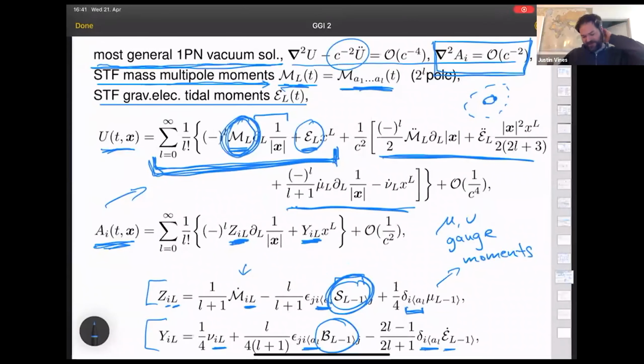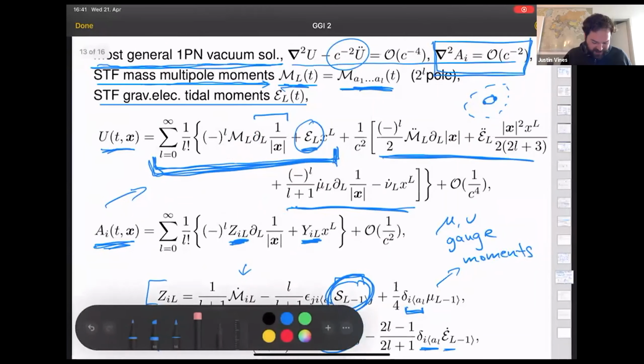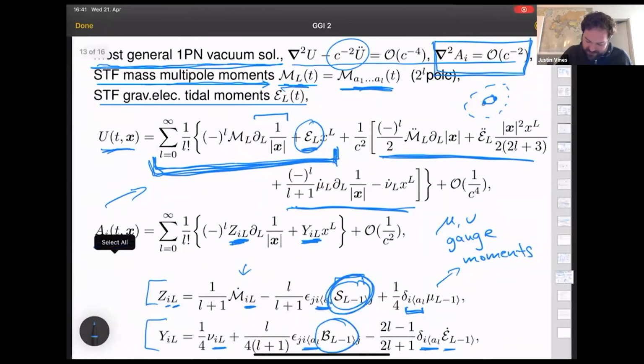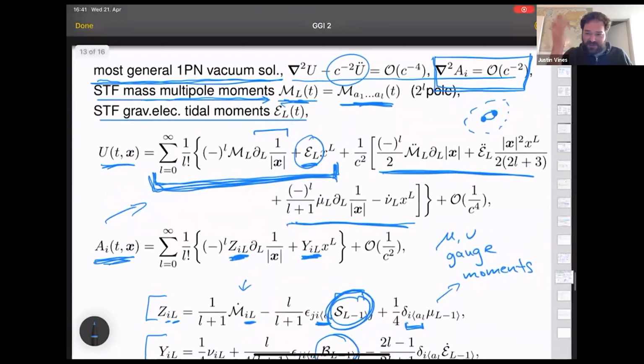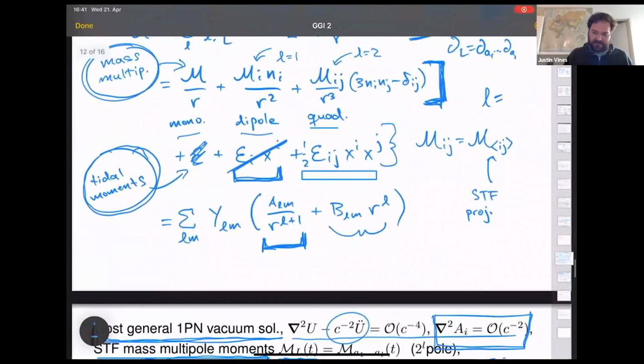Mostly. The mass multipole moments, I should clean this up a little bit, are going to be determined by the source inside, essentially. So they characterize the source, like the binary source inside. If we apply everything we were just saying to these solutions to the field equations that we had above, we will not have any tidal terms at all.